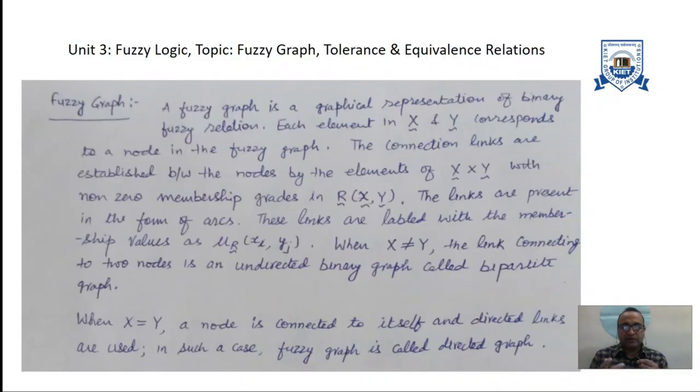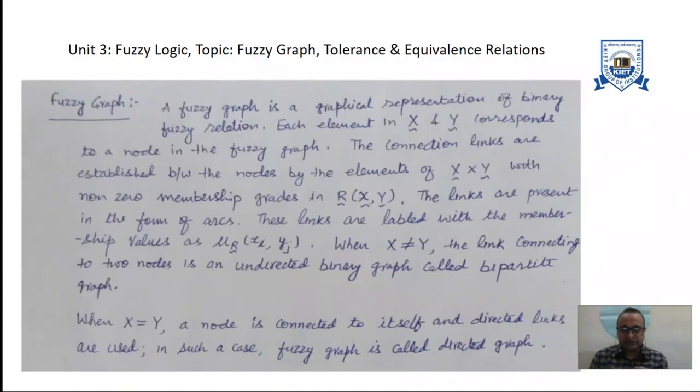Suppose we are having a single fuzzy set, and the members of the same fuzzy set are related to the other members of the same fuzzy set. In that way we can also establish a kind of relationship, and that relationship is also known as the binary relationship.